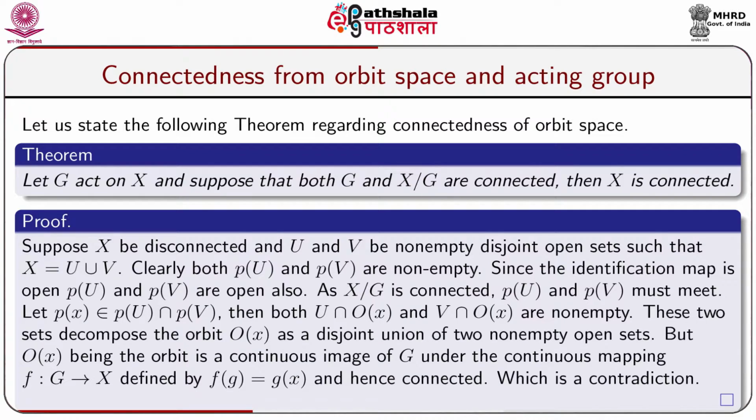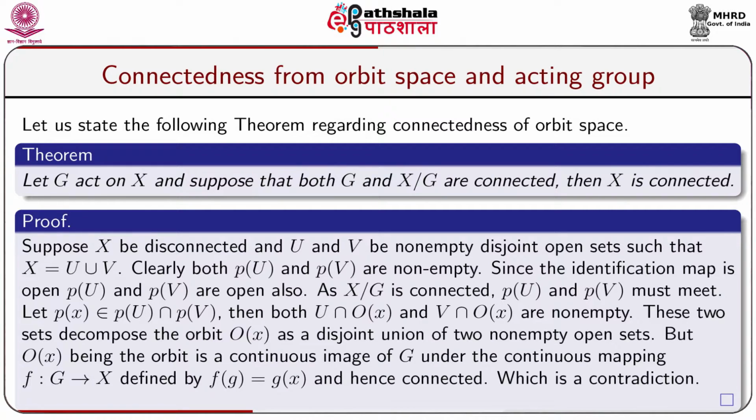Now let us choose a point from PU intersection PV, let it be Px. Then both PU intersection orbit of X and PV intersection orbit of X are non-empty.